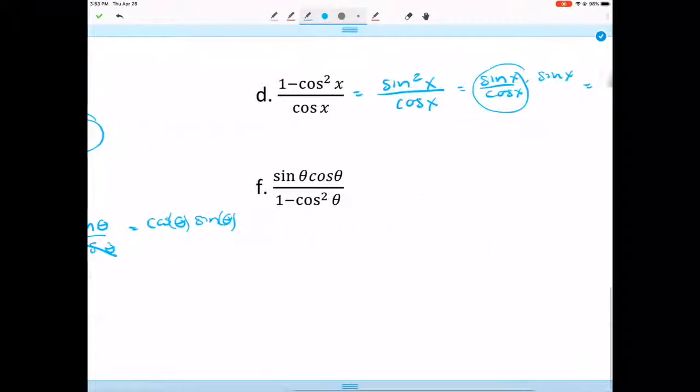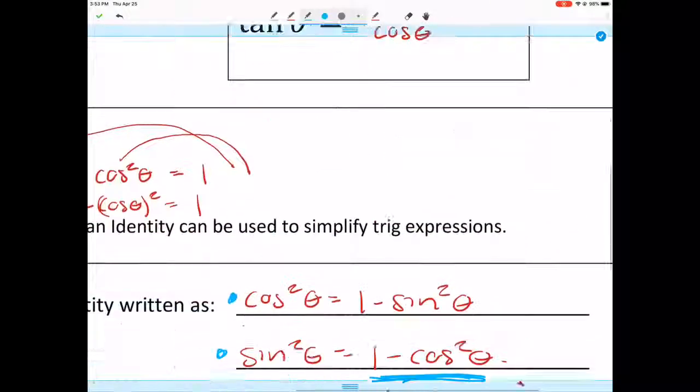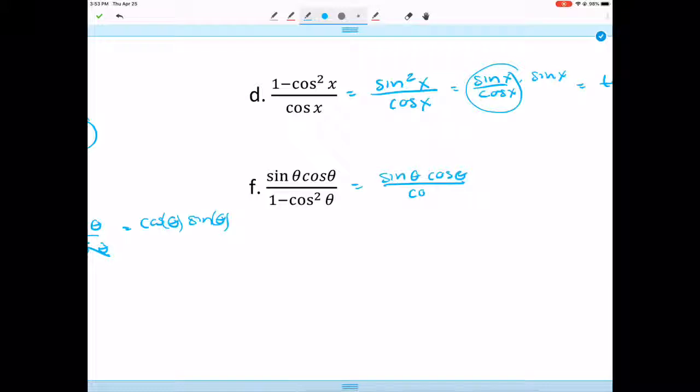And the last one, now this isn't one of my favorites. 1 minus cosine squared theta is sine squared theta.